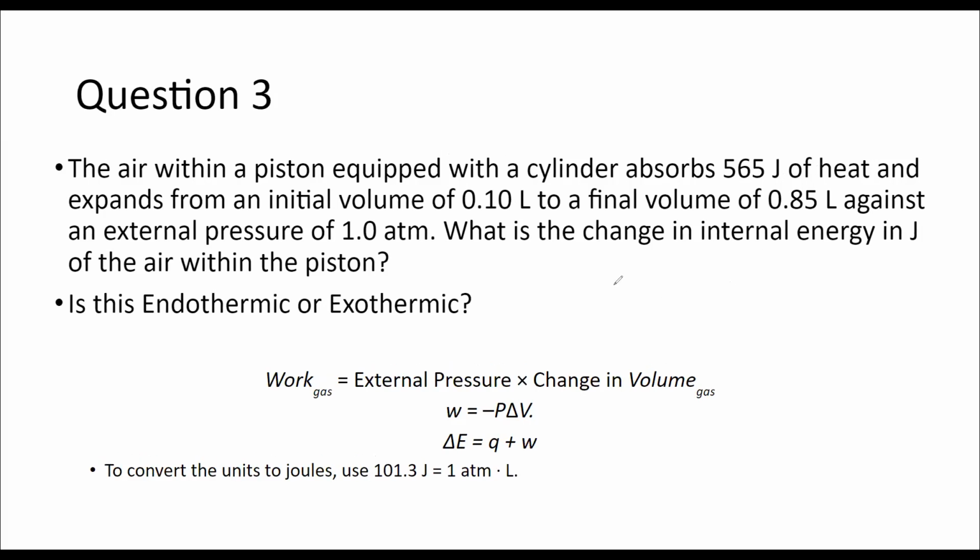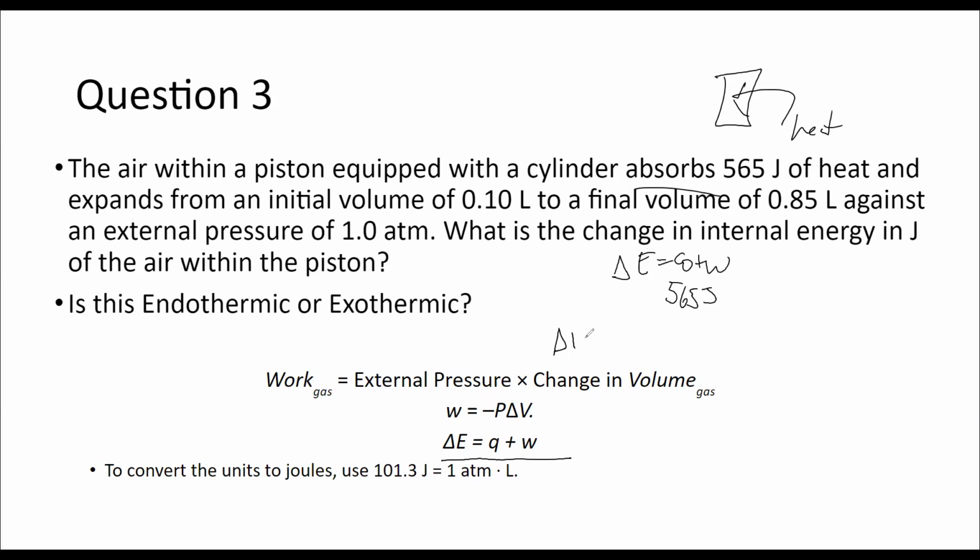All right, so here we have to remember our delta E equation. So delta E equals Q plus W. I'm absorbing heat. That means if I'm a piston and I'm absorbing heat, heat's going in. So that's a positive number. I'm gaining that heat. So it's 565 joules. Now, let's take a look at work. I'm expanding from an initial volume of 0.10.